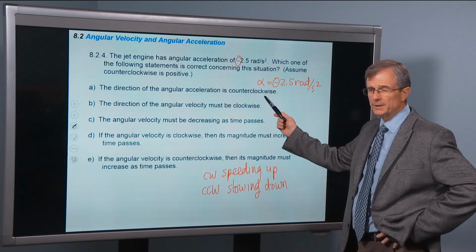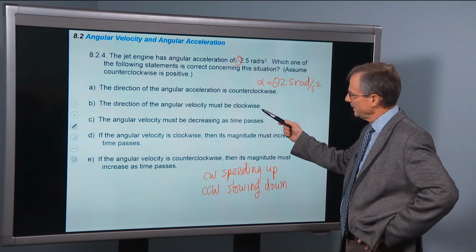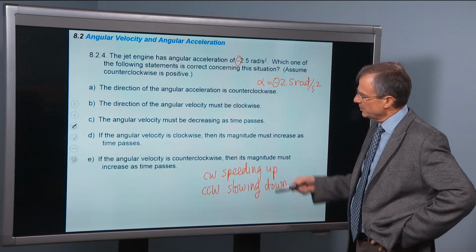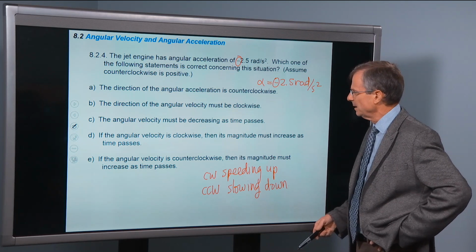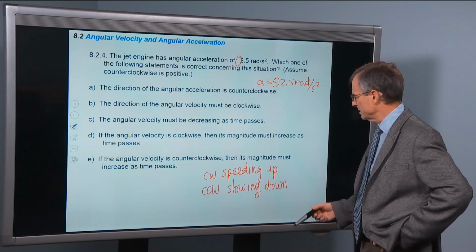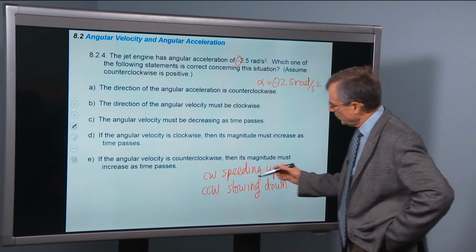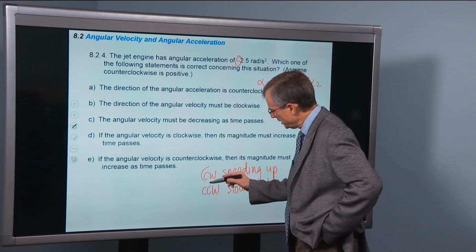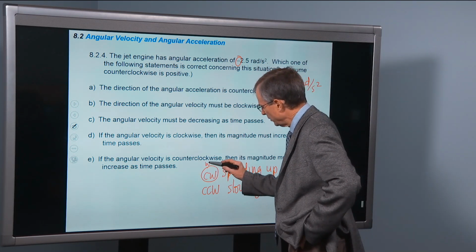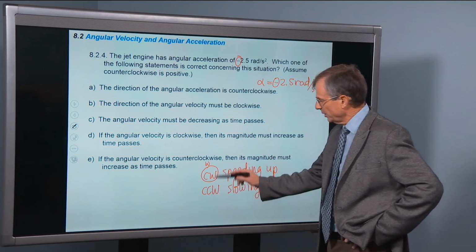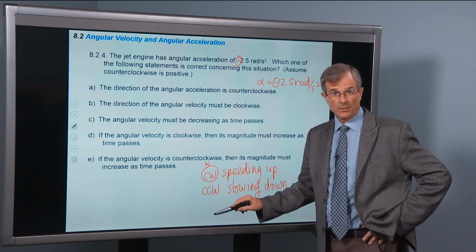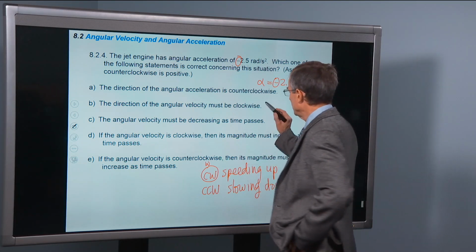That one's a little bit trickily worded. What about this one? The direction of the angular velocity must be clockwise. Well, these statements refer to the angular velocity, omega. It could be either clockwise or counterclockwise in this case.